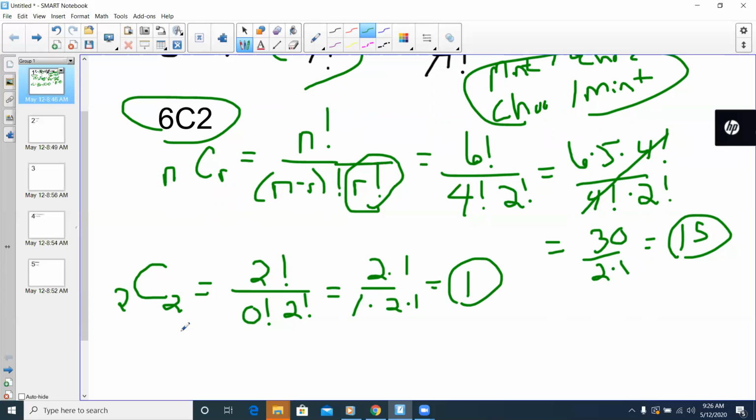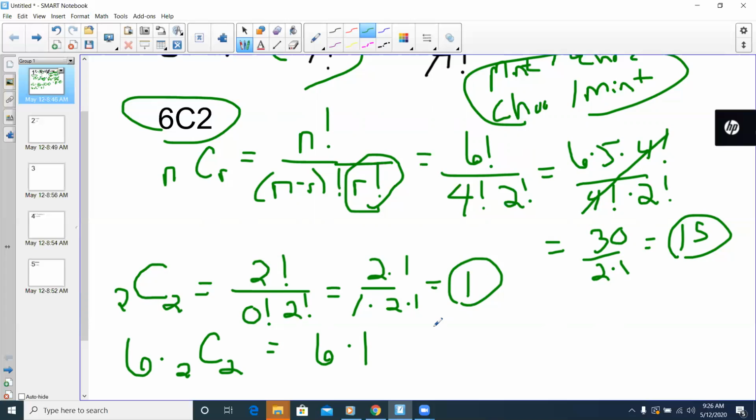So if I do 2 mint, right, I put 2 scoops of mint on the cone, that only counts as 1. Now I do that for the chocolate, I do that for the strawberry, I do that for the lemon. So I'm doing that for all 6 flavors. So this is 6 times 2 choose 2, okay? So this is going to end up being 6 times 1, because I'm adding 1 for the chocolate, 1 for the lemon, 1 for the vanilla, 1 for the peach.